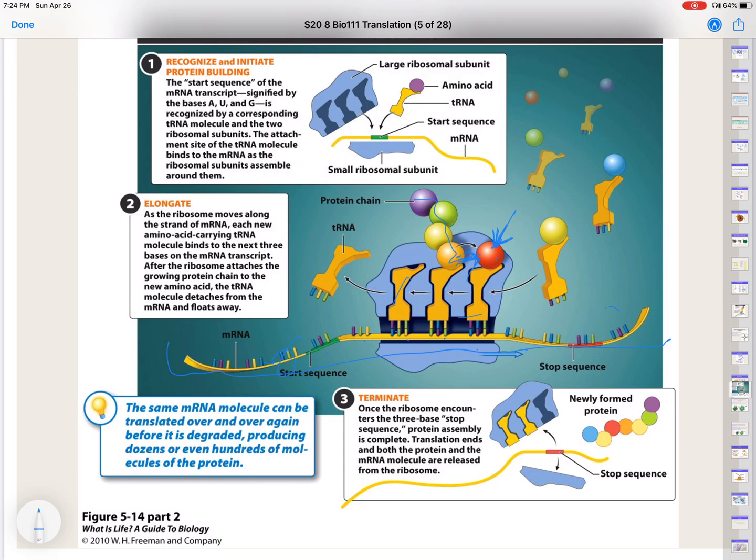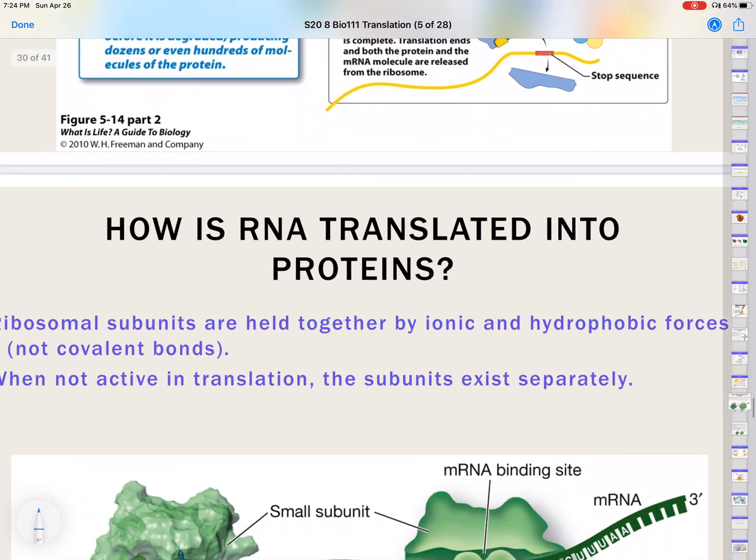And then in the E site, that empty tRNA loads off. So tRNA loading, tRNA transferring its amino acid to the polypeptide chain, and then exit of the tRNA to allow for the next one to bind.